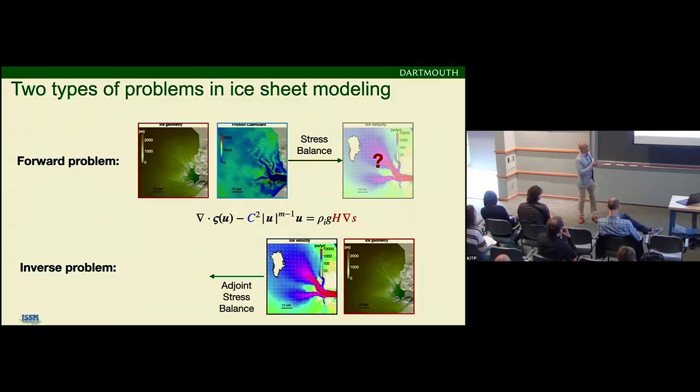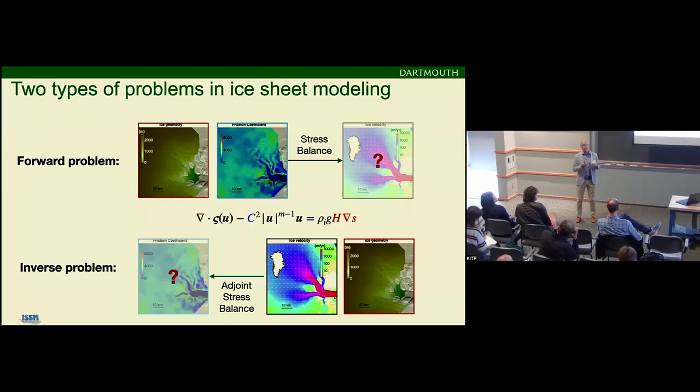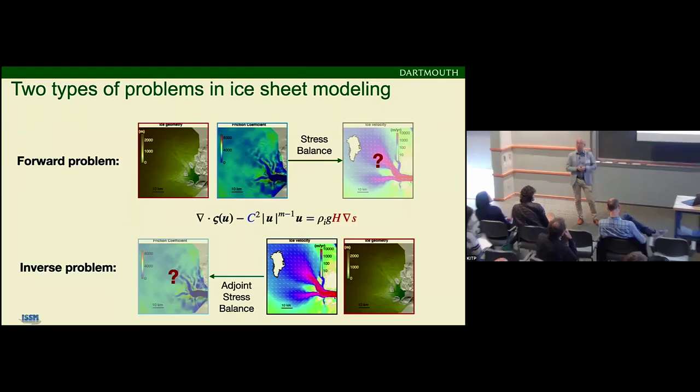And then solving this adjoint stress balance equation, we can get the basal friction coefficient or basal condition. And then we can use this parameter in our forward model to do the future prediction, to solve for forward problems. And as you may notice, the way ice sheet models use data is basically restricted or confined by these two types of problems.